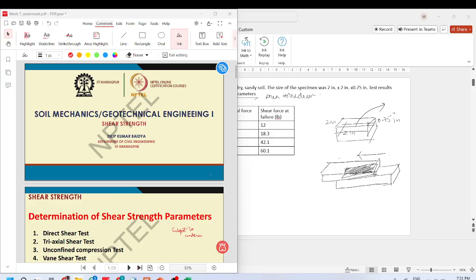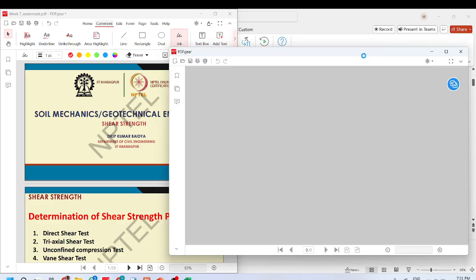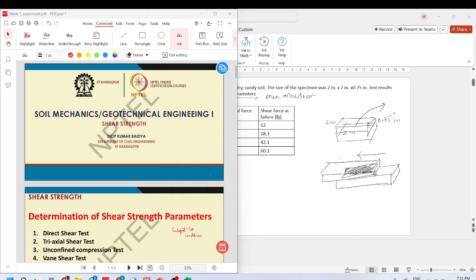Just give me a moment. And the deformations are not given, madam, in this example. Then how do you calculate, madam? Only loads are given. Yeah, just a moment, please.